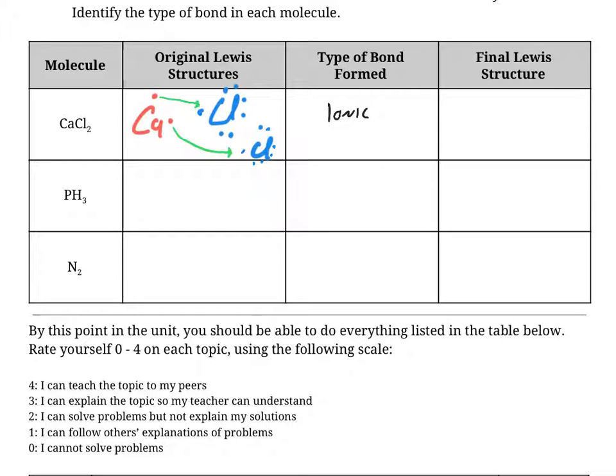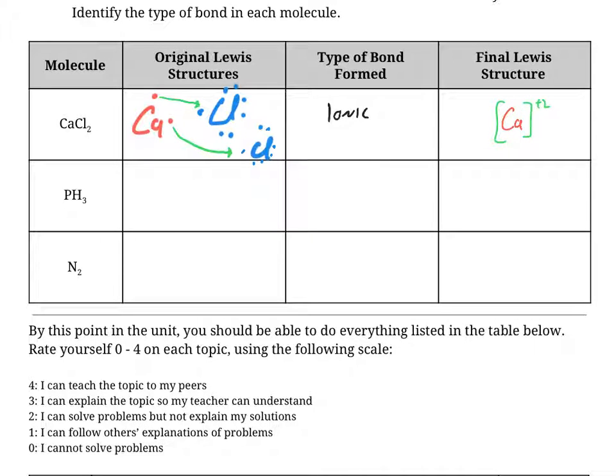So over on the product, on the next side, I'm going to draw my calcium, which I'd like to put in the middle. So I'm going to have Ca. It's going to have a bracket around it. It's lost 2 electrons, so it's going to be +2.